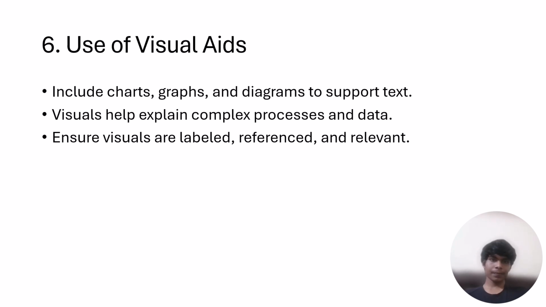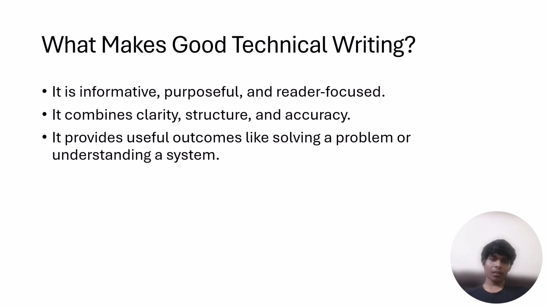Next, what makes good technical writing? Up to now we have seen six important features of technical writing. Now, what makes good technical writing? The writing or the content we are writing should be informative, purposeful, and reader focused.